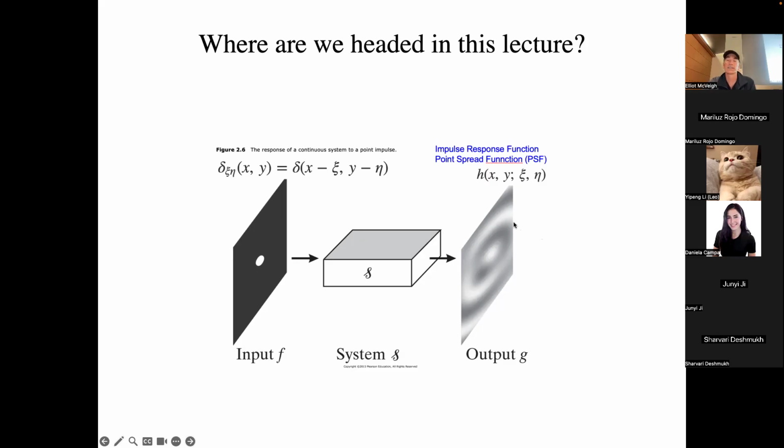Okay. Once we have that, and we know what our input was, we can measure our output. At that point, we can mathematically describe what the imaging system is doing, right? And in very general terms, like, does it blur the object? Does it decrease the amplitude of certain frequencies in our object, etc.